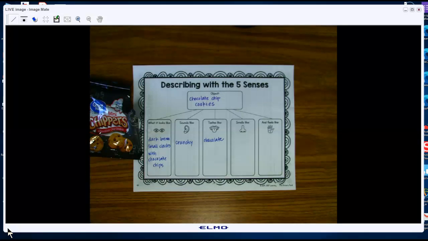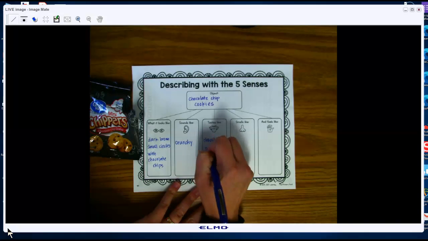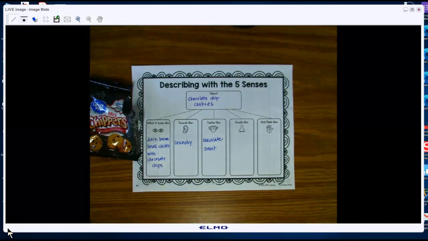Well, crunchy is a sound. Okay, it tastes good. Now that is an opinion. We're doing facts now. How about taste sweet? Not sour, it's sweet, right?